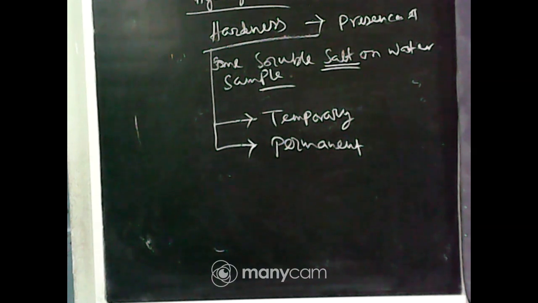heating. Temporary hardness is due to the presence of calcium bicarbonate and magnesium bicarbonate in the water sample. So, temporary hardness is removed by heating and then filtration, and also by heating with slake lime and then filtration.